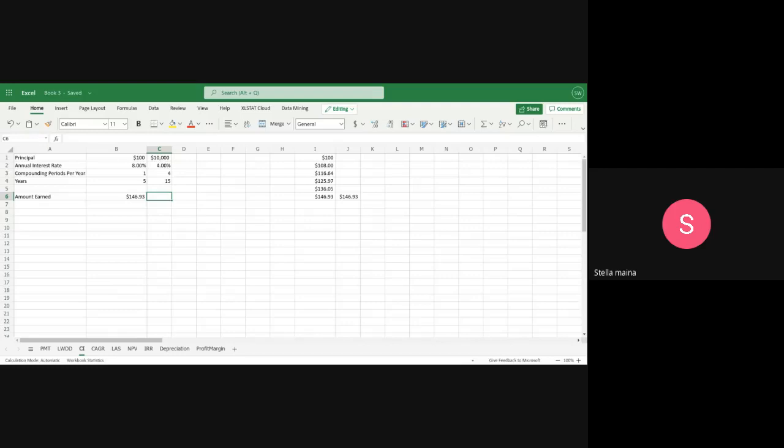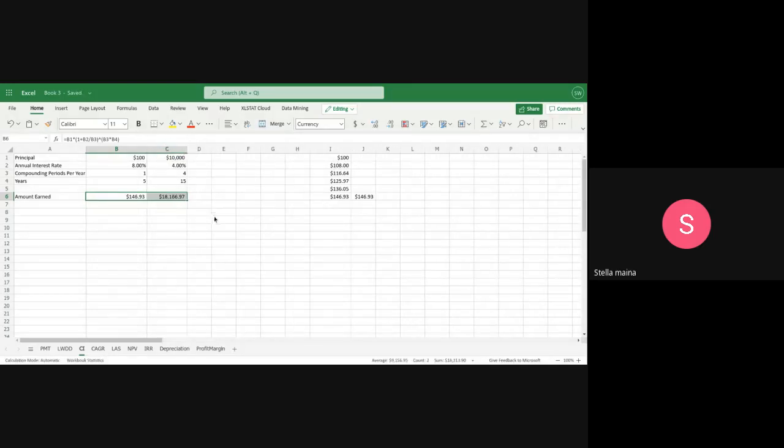Of course, we're just going to use the same formula, so I should be able to flash fill that. Yeah, and I get it directly. It's going to be 18,166.94.